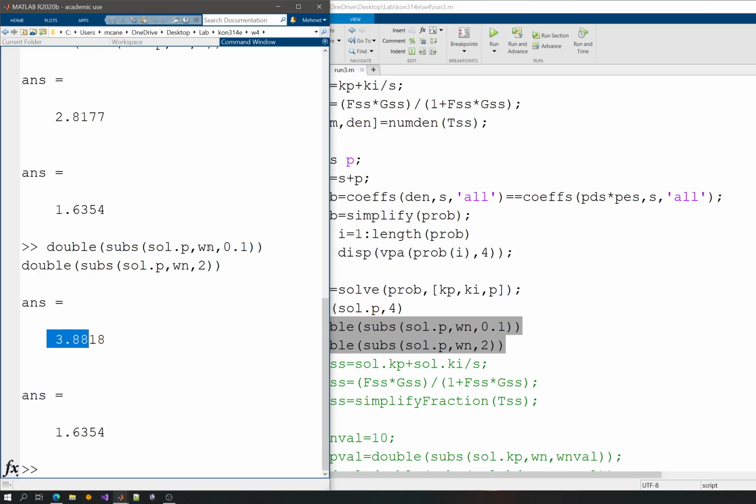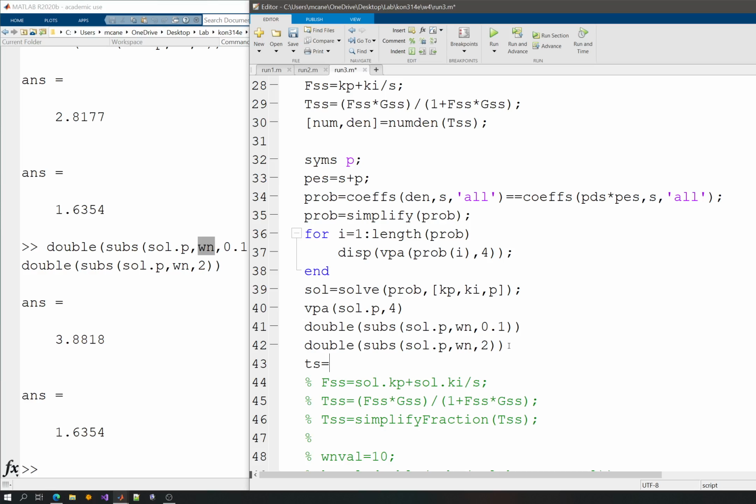But keep in mind that this omega n is also a parameter that affects the dominant poles. So my dominant poles will become slower since I have a certain zeta value, but I have a lower omega n value. And if you remember the settling time formula, it was something like this: zeta times omega n. If you fix zeta and plug it in, you will see that this relation is an inverse relation.